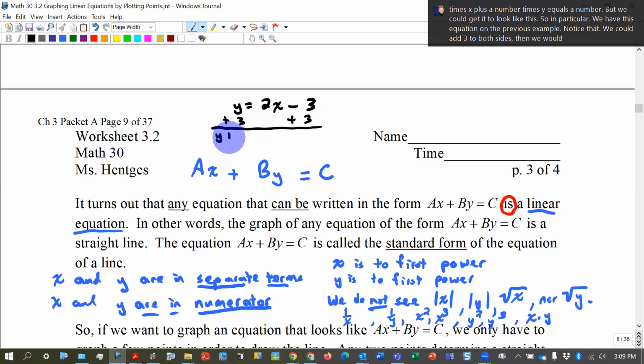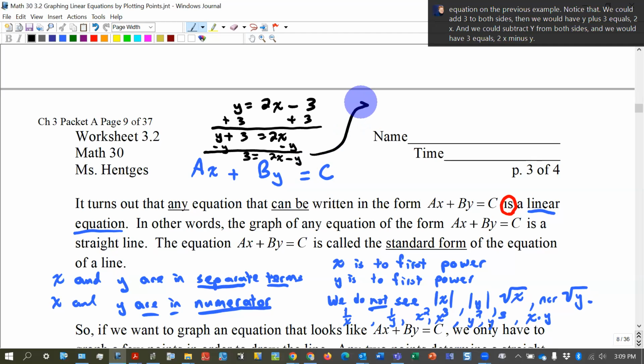Then we would have Y plus 3 equals 2X. And we could subtract Y from both sides, and we would have 3 equals 2X minus Y. And then we could exchange the left and the right-hand sides.